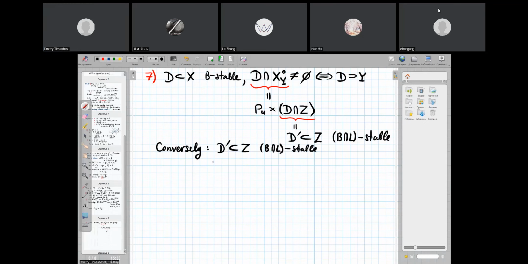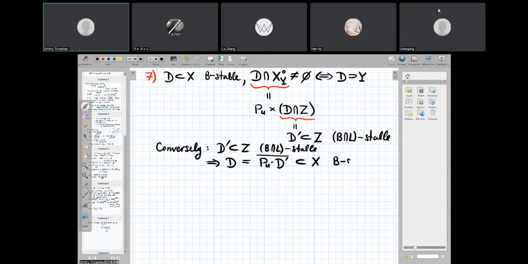If we have such a divisor, then we may take D equal to the closure of the PU span of D prime. This will be a divisor in X.